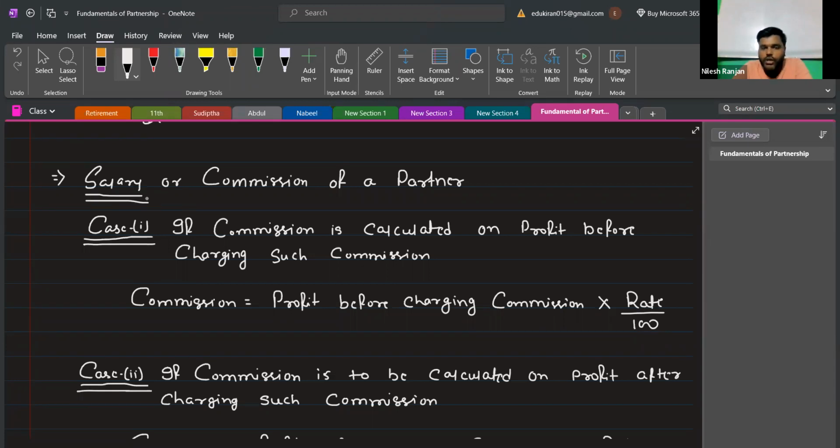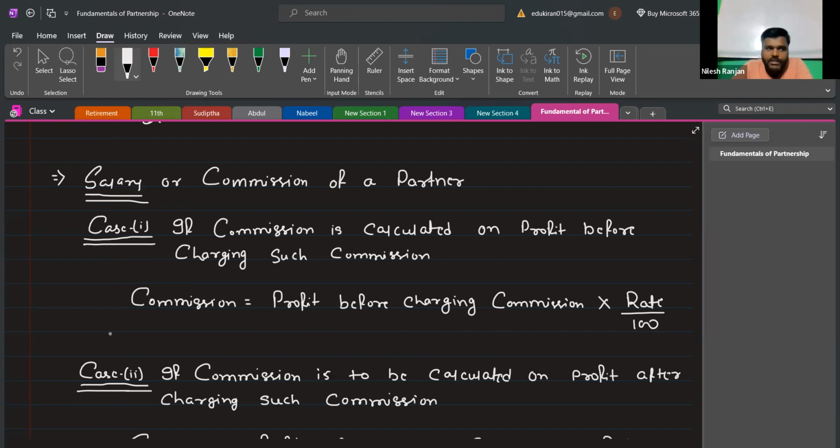But in calculation of commission, there is some formula we use. Okay, so there are two situations given in the question. Commission should be calculated for each partner if it is given in the question.